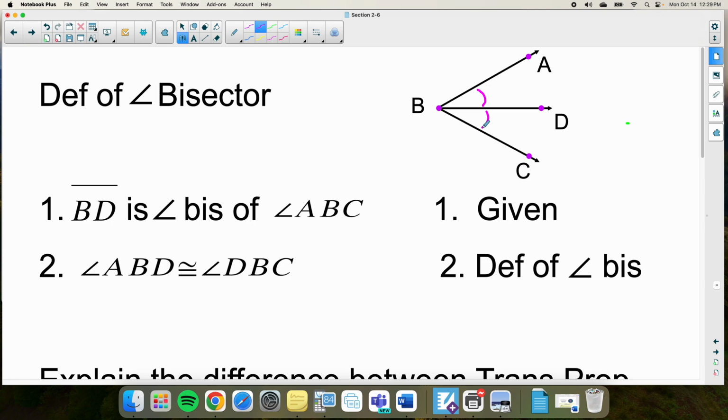And Thursday will be our quiz. What's going to be on the test is everything since algebra proofs. So like law of syllogism, law of detachment, that won't be on the test. Okay?